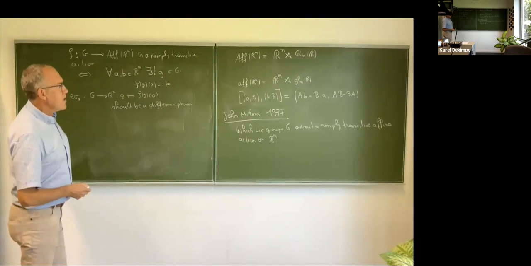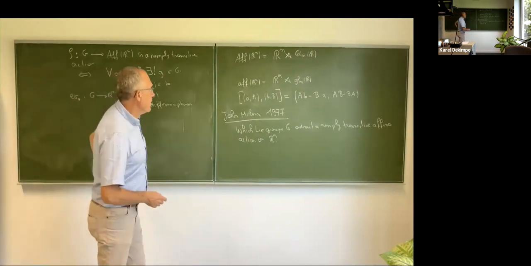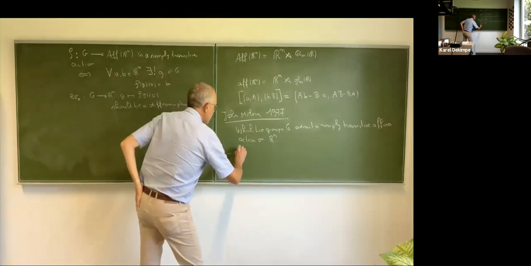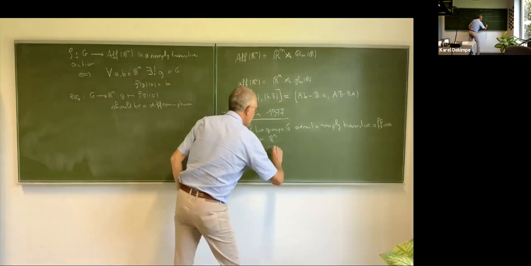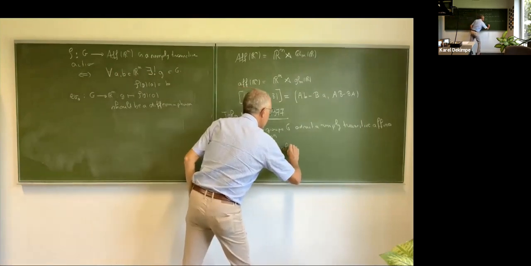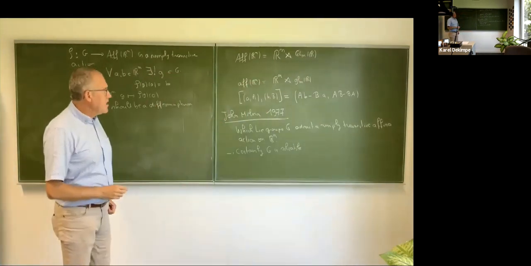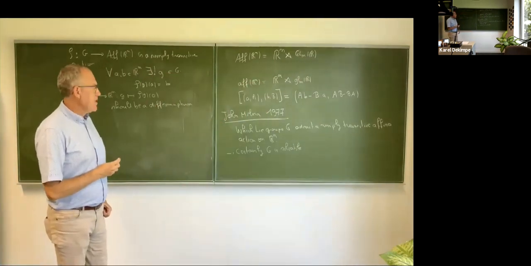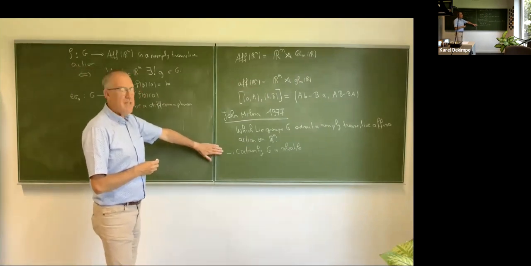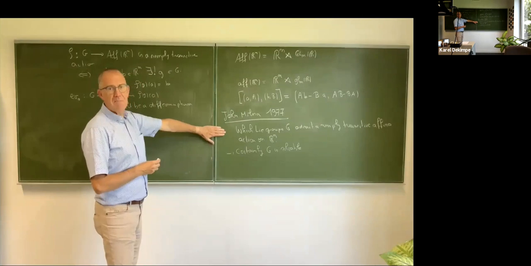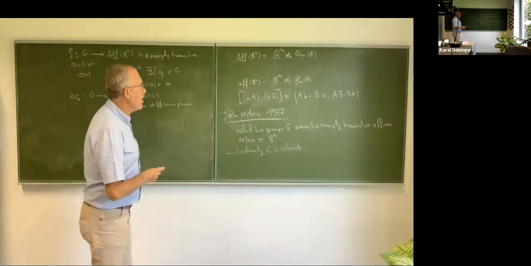So it was already known that G is solvable. And actually, Milnor asked the converse question: is it true that if you take a connected and simply connected solvable Lie group, does it admit such a simply transitive affine action? So this was his main question.